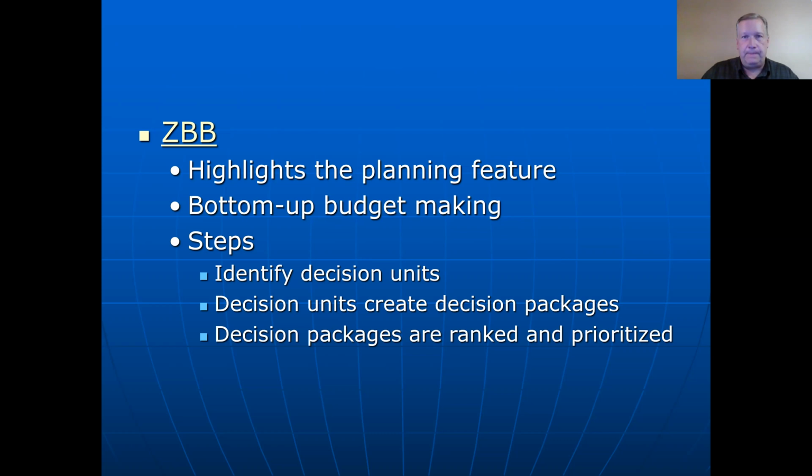that activity. Once decision units have developed all these different decision packages, they will then rank and prioritize each one of those packages. Those ranked decision packages will then get sent up the organizational chart from the decision units up to the next level of management.